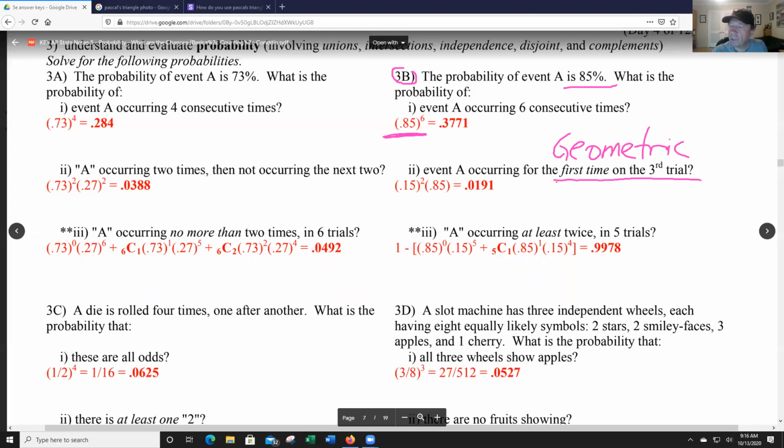By the way, geometric distribution, that is chapter 6, next chapter. But I'm just showing it to you here. First time on the 5th trial. That means twice in a row you didn't get it. So 0.15 happened twice, and then it did happen.